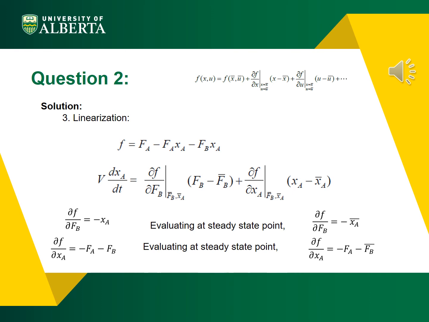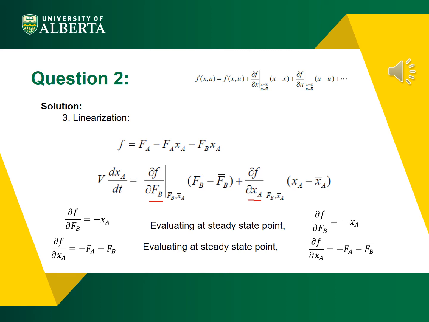So let's compute the terms which are required for substituting into the general formula. We need dou f by dou capital FB, and then we need dou f by dou XA computed at the steady state point. So let's compute dou f by dou FB first.